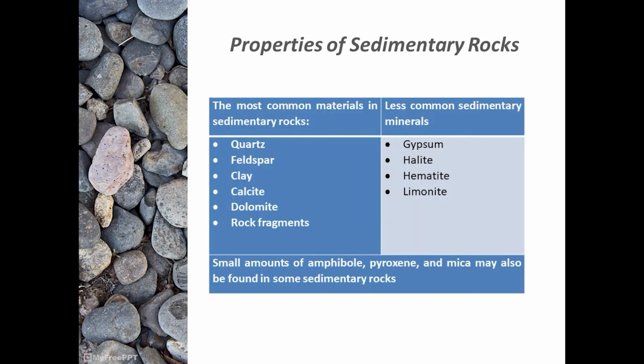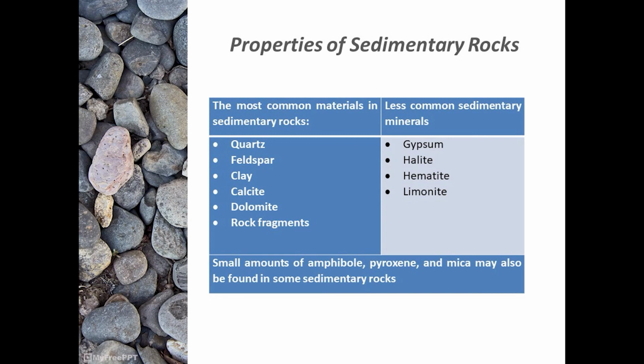And the next is the mineralogy. At this part, we will talk about the materials that compose sedimentary rocks. The most common materials in sedimentary rocks are quartz, feldspar, clay, calcite, dolomite, and rock fragments.